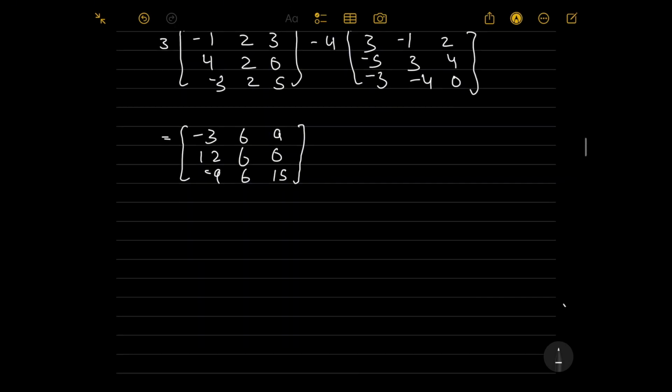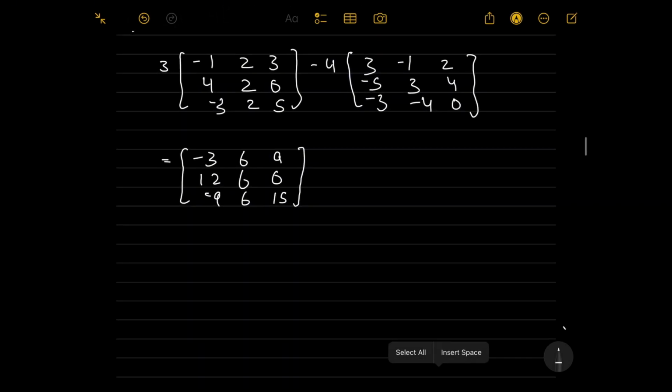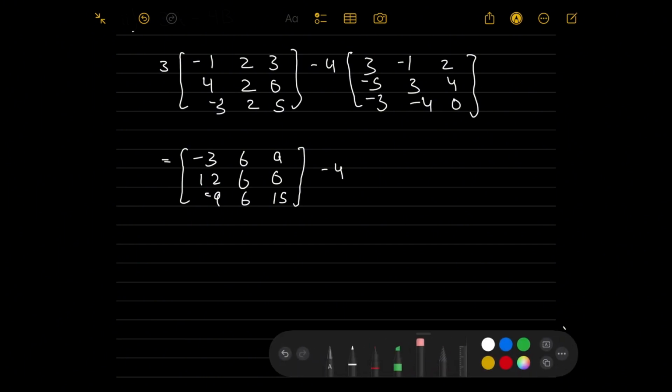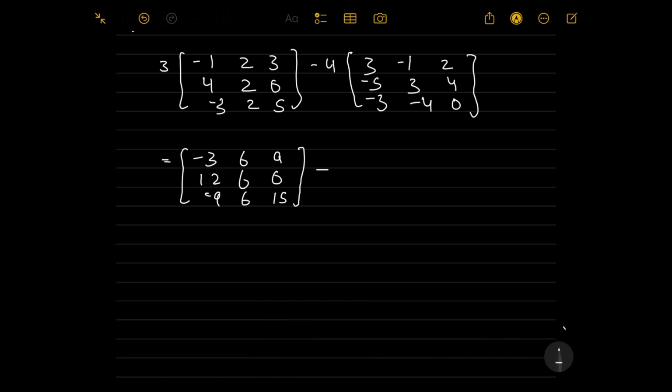Okay, so minus 4 will multiply with the next matrix. So minus 4 with the next matrix, minus and then 12, minus 4, 8, minus 20, 12, 16, minus 12, minus 16, and 0.